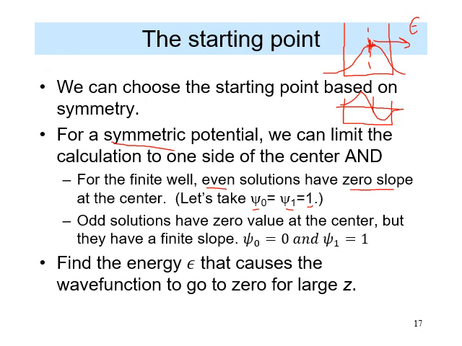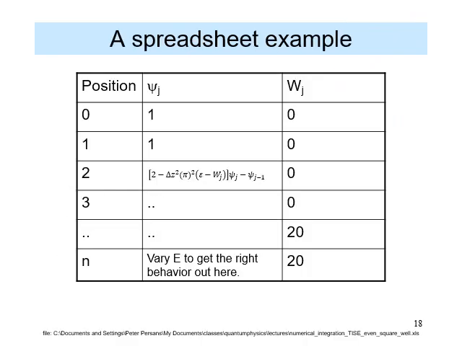So in that case, we might guess psi 0 is 0, and psi 1 is some number, 1. It's just got to be non-zero. And then we're going to find the energy that causes the wave function to behave the way that we want it to behave. Then we have actually found an approximation to the eigenfunction.